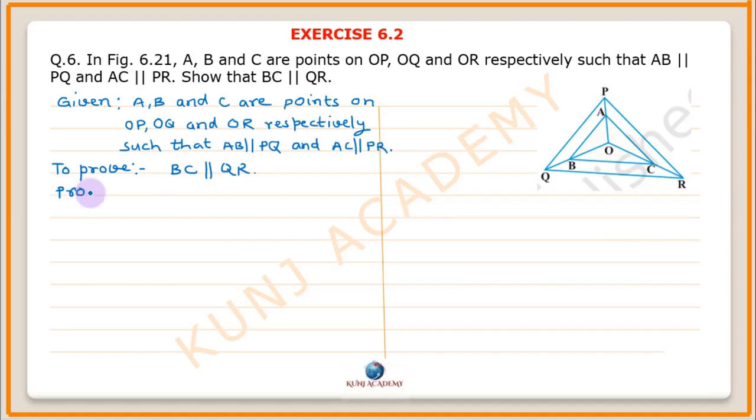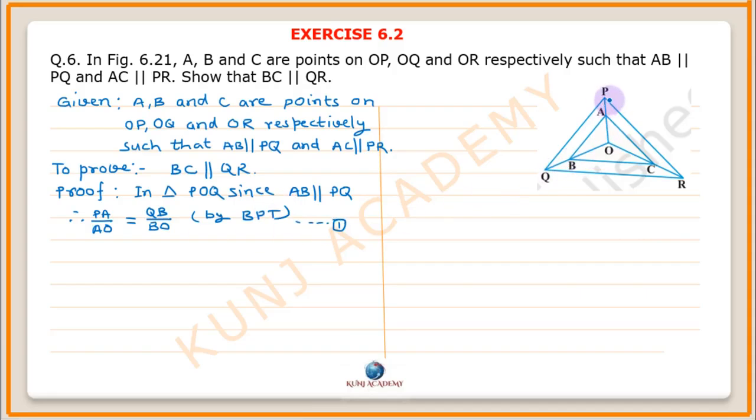Proof. In triangle POQ, since AB is parallel to PQ, therefore PA upon AO is equal to QB upon BO, by BPT theorem.